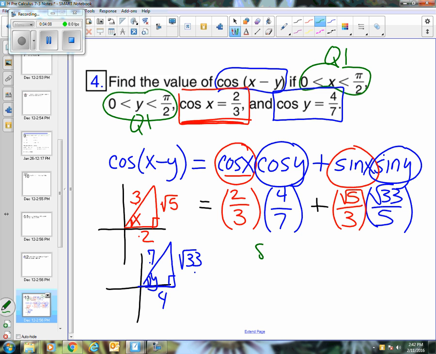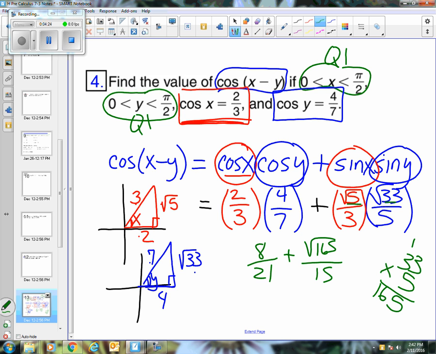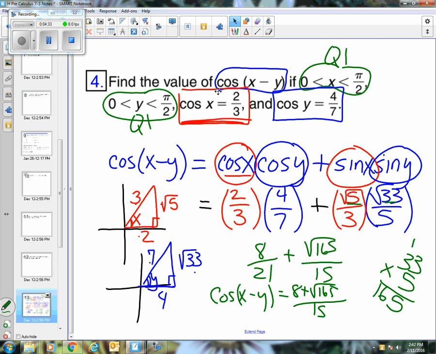So multiply would be 8/21. Now when you multiply radicals, remember you multiply the numbers underneath, so there's no shame in scratch work. So we'll go ahead and multiply. So we'd have square root of 165 over 21. That means cosine of the difference of two angles would be 8 plus the square root of 165 over 21, which is a positive answer.